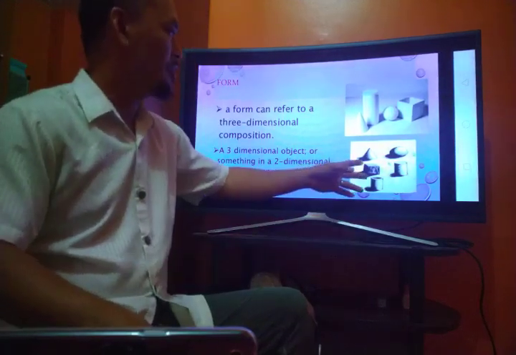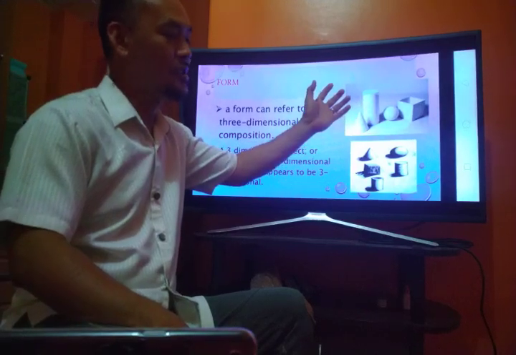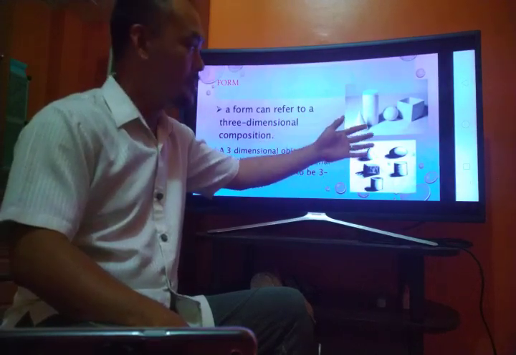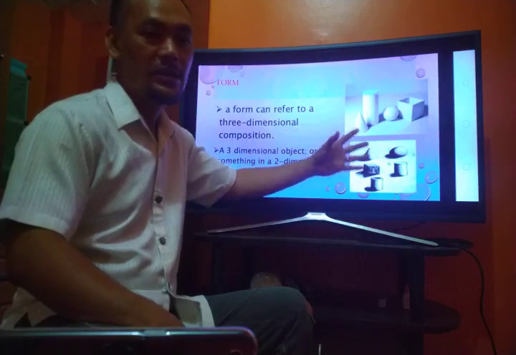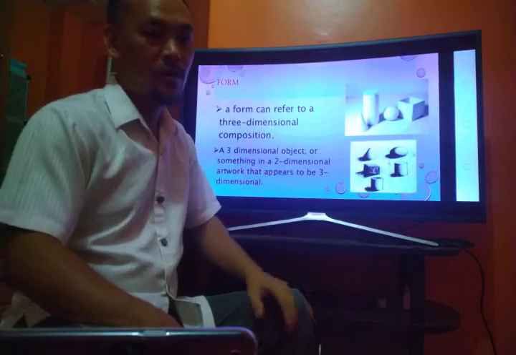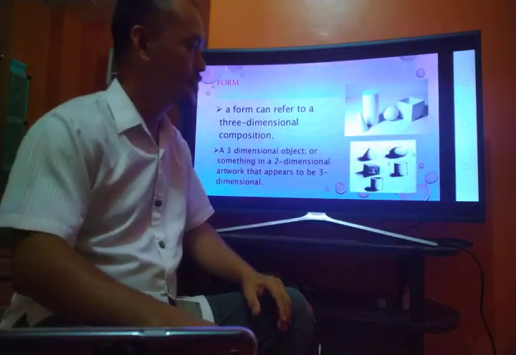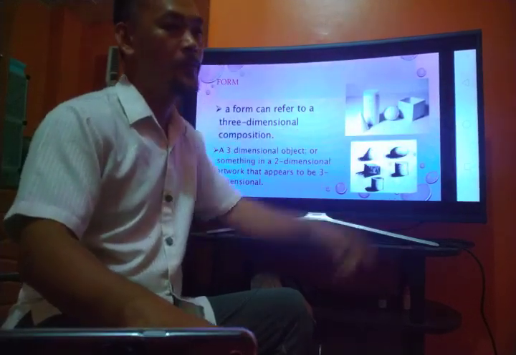Look at this one. These are just two-dimensional because they were just drawings. But because they played with shadows and light, it created an illusion of being a three-dimensional object. So we have here cones, cylinder, sphere, and cubes.